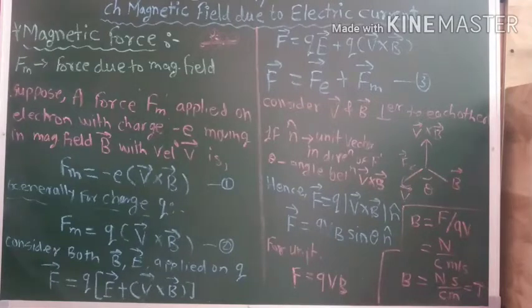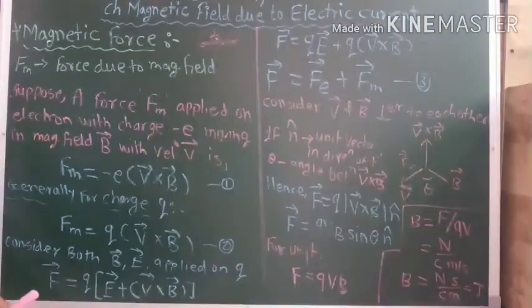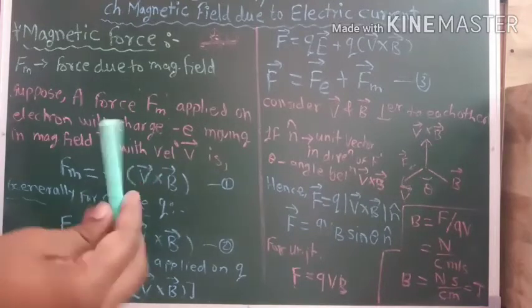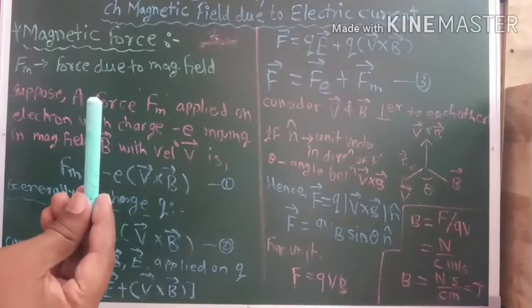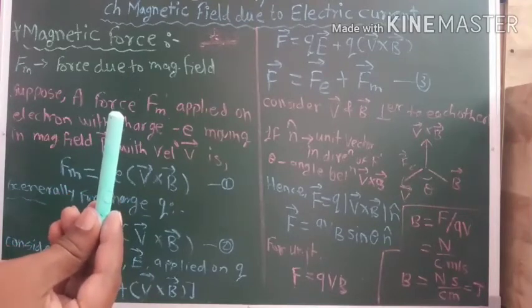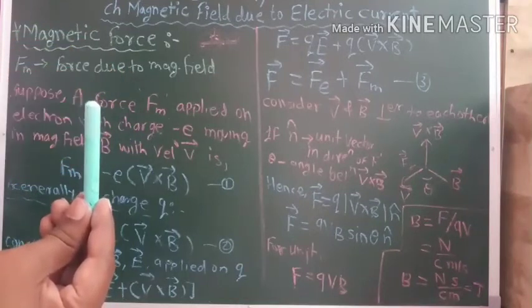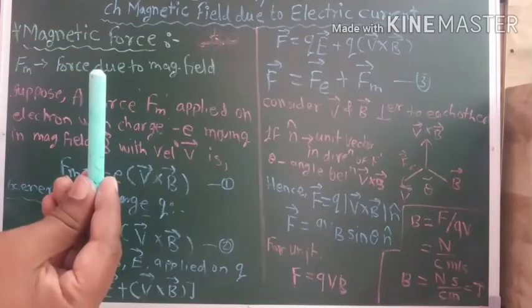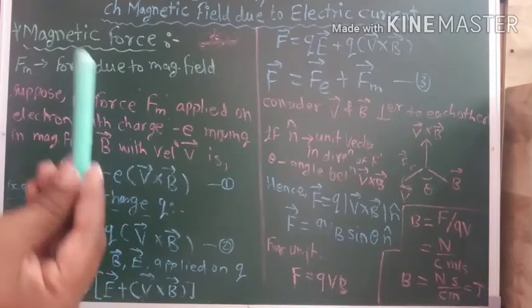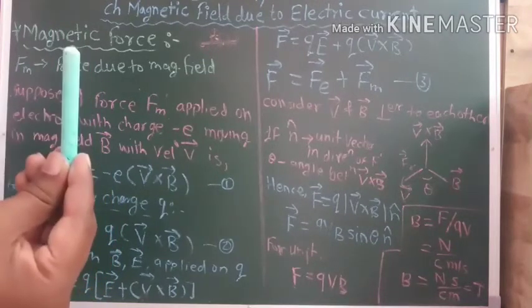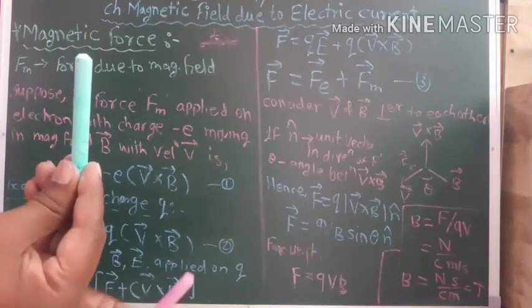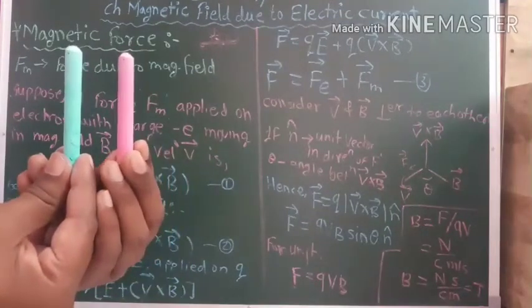Suppose we consider a current carrying wire. Due to the current flowing through it, a magnetic field is produced around that wire. Then in this magnetic field of the first wire, we keep another wire near to it.